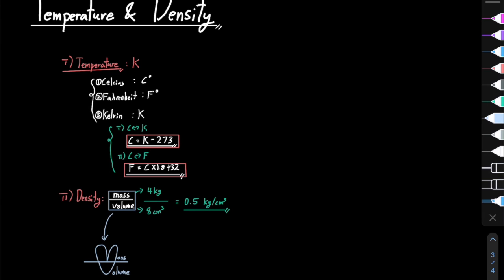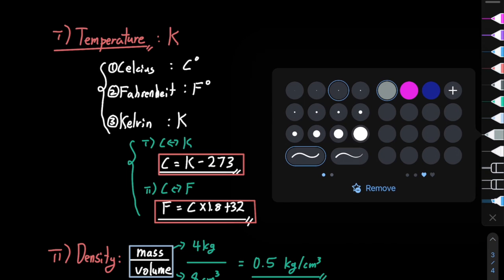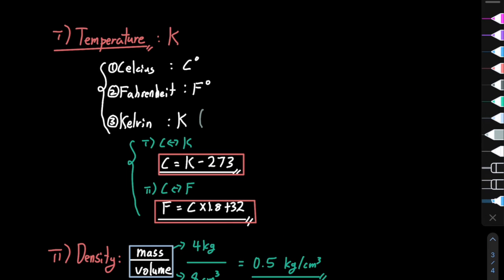And actually, one more thing about Kelvin. Kelvin is also commonly known as the absolute temperature. And the reason is that Kelvin cannot go negative. And what that means is that the lowest number that a Kelvin could be is basically 0.